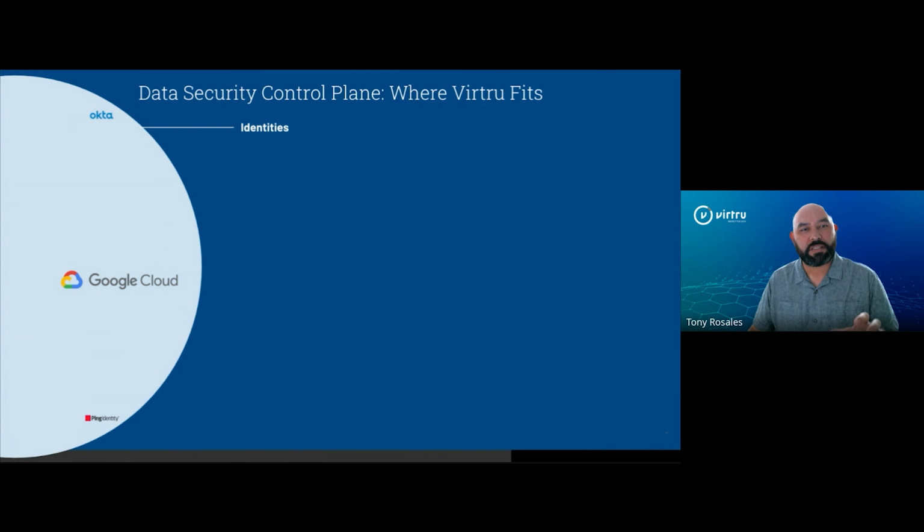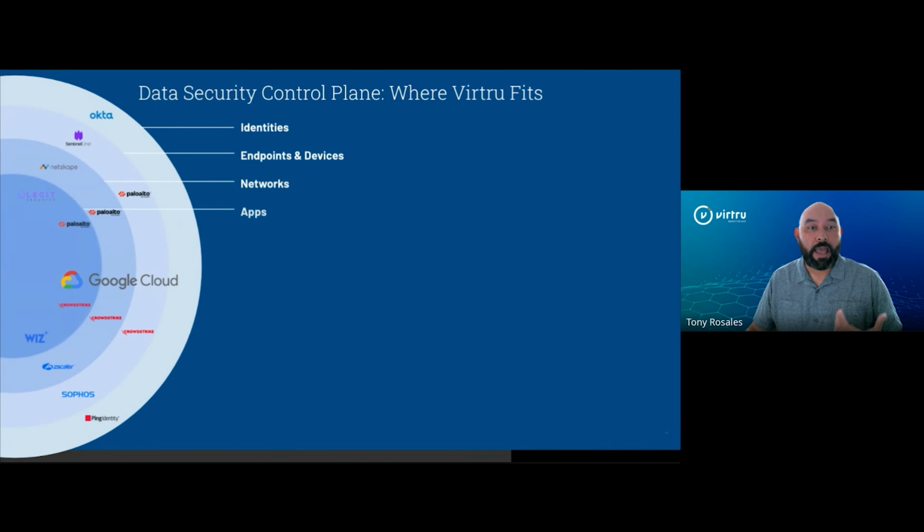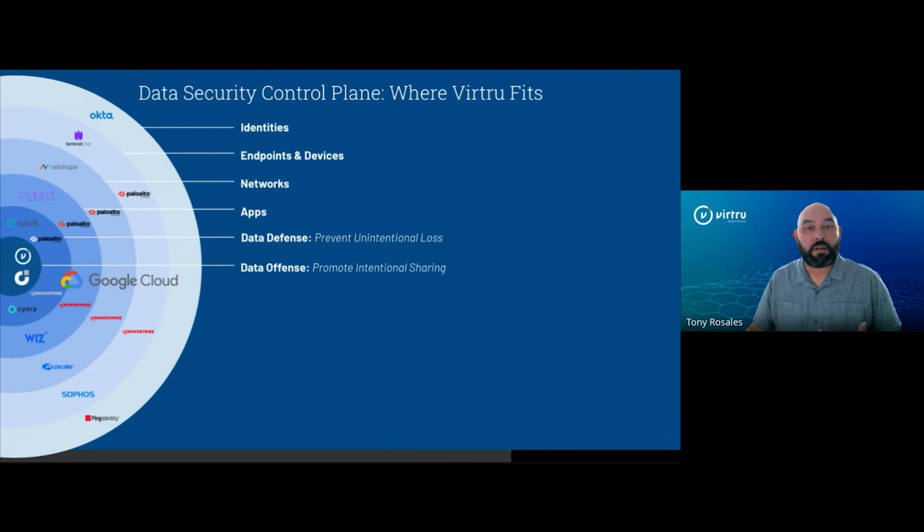I have Google Cloud here because Google Cloud really does encompass all of the different planes, but the idea is we're talking about your different identity providers. We're talking about endpoints and devices, networks, applications, data defense as far as preventing unintentional loss. But we're also talking about being able to actually go on the offense with that data.